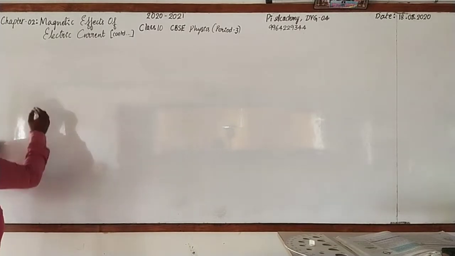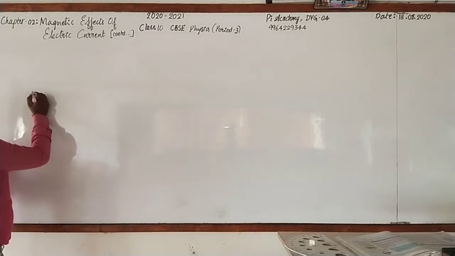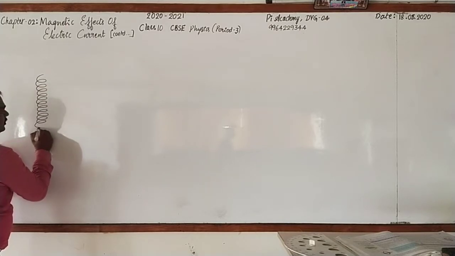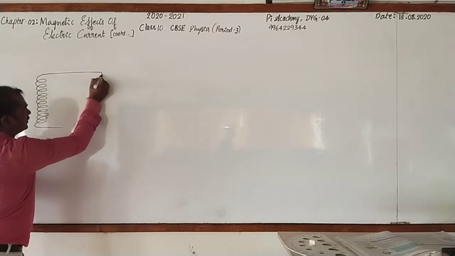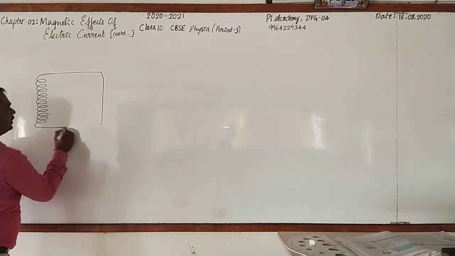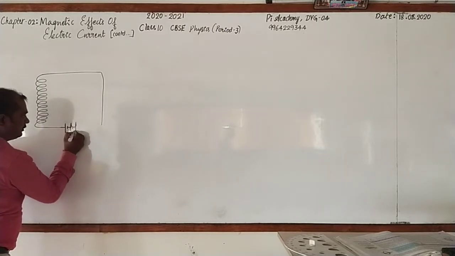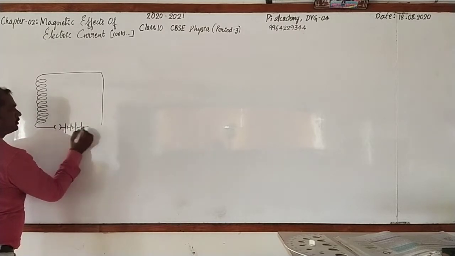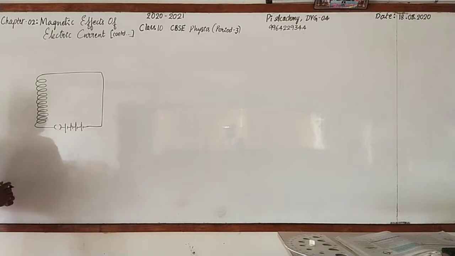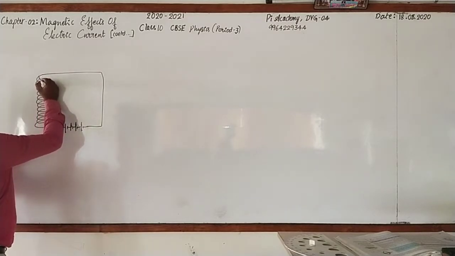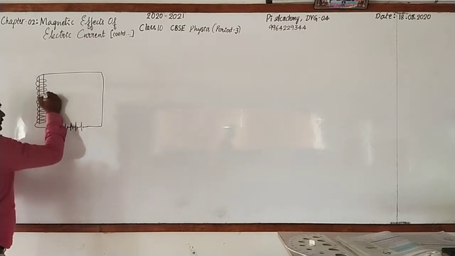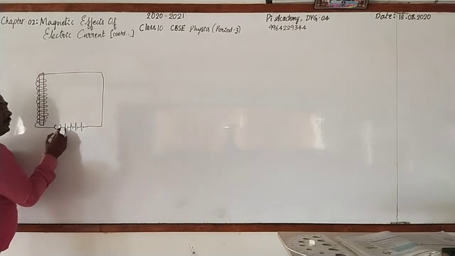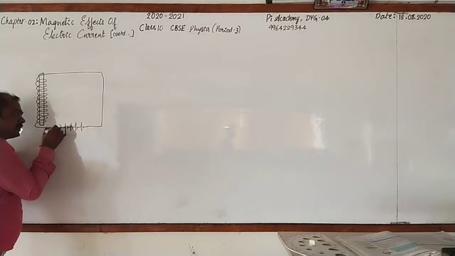Yes, copy this. Dear students, please observe here. Now I am going to draw the solenoid. This is the solenoid, and these are the free ends of the solenoid. Now, these are connected to the terminals of a battery along with a switch. Got it? Here I am going to place a soft iron piece. Next, close the circuit.